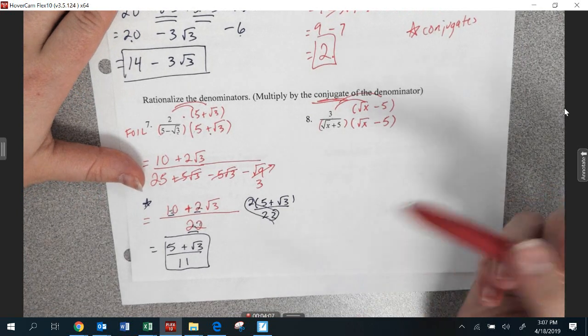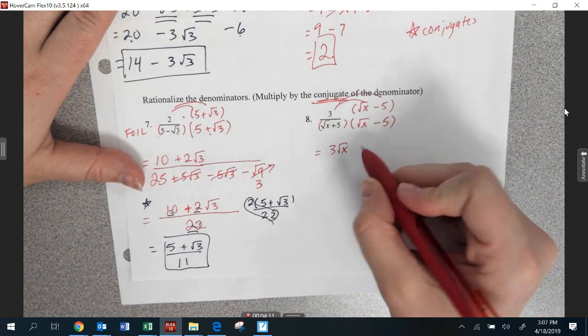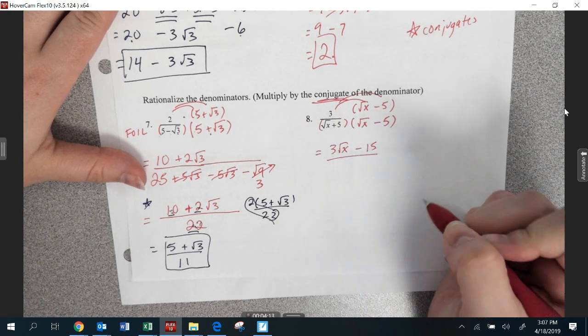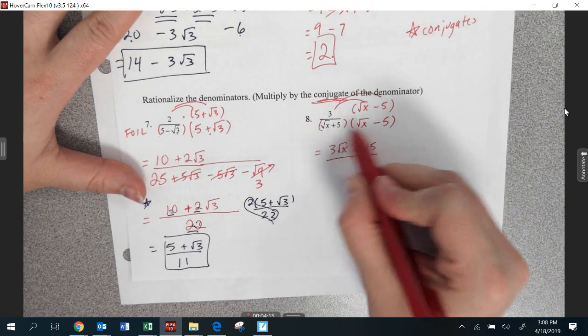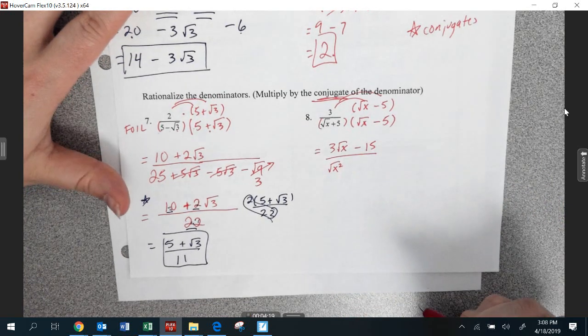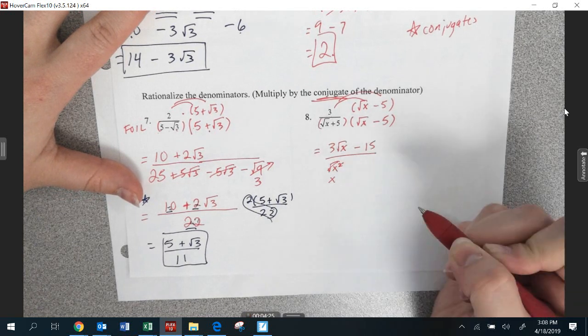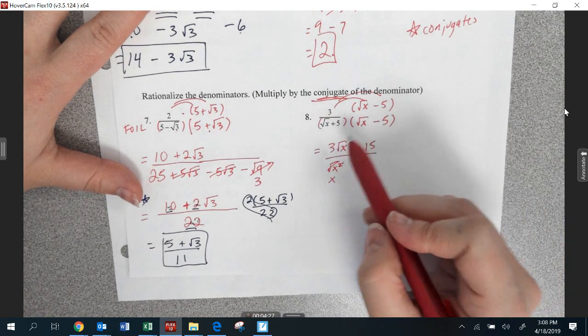All right, if I go ahead and try number 8 now, I'm going to distribute. So I'll get 3 radical x minus 15. And on the denominator, I'll get the square root of x times the square root of x. Well, that would be the square root of x squared, which would just end up canceling down to just x. All right, interesting.